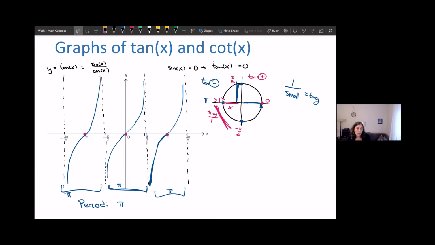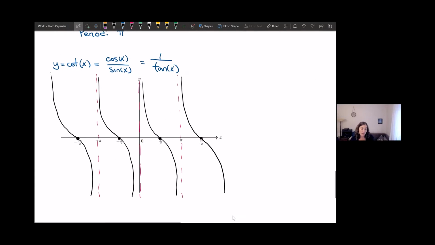So here's my graph of tan once again, and if I scroll down, here's my graph of cotan. What you can notice is that the places that used to be vertical asymptotes are now places where I cross the x-axis. That's because with tan, I got vertical asymptotes when cosine was equal to 0, but with cotan, if cosine is equal to 0, then cotan would be equal to 0 as well.